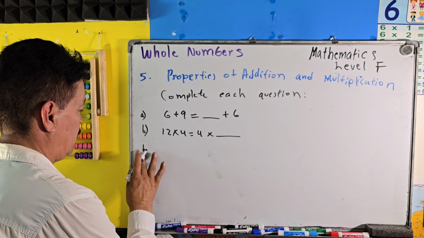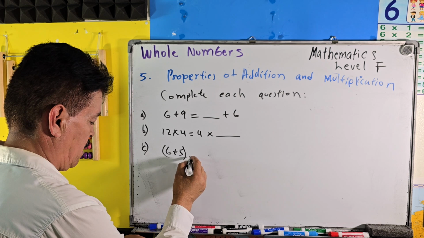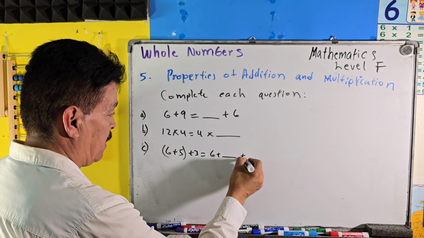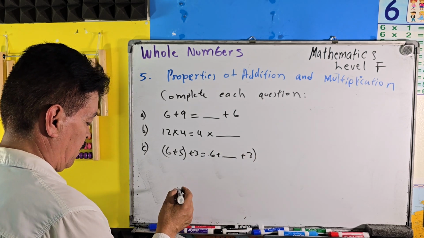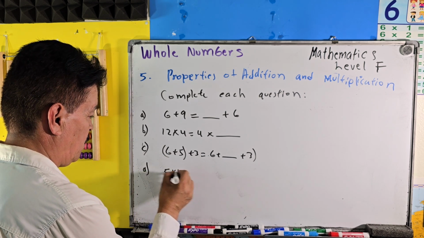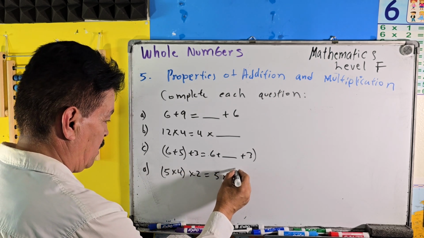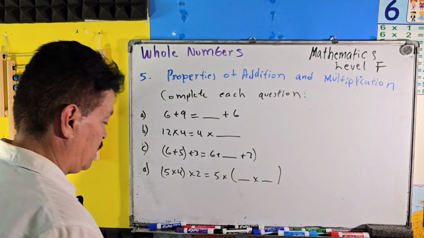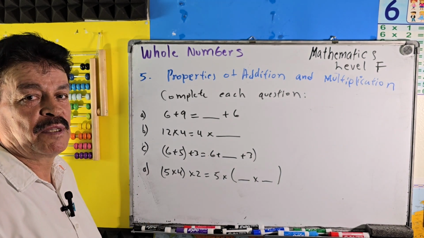Then 6 plus 5 plus 3 equals 6 plus some number plus 3. And then let's write one more: 5 times 4 times 2 equals 5 times a number here times another number here. So that's the fourth problem. Now find the missing numbers.